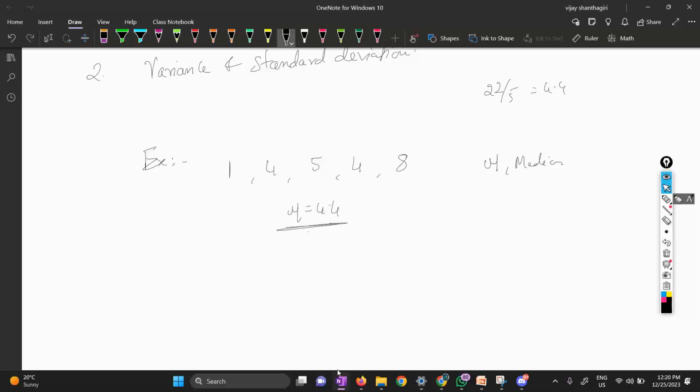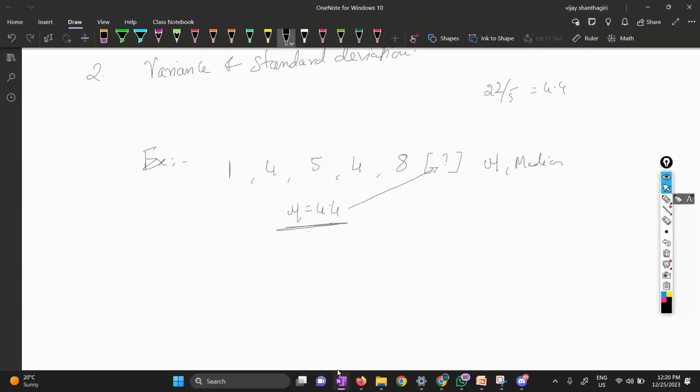On an average, this much value is there for each, correct? Even if somebody really forces me to guess a new value here, I would probably guess this much, because on an average, this much is there. This gives you a sense of its central measure.